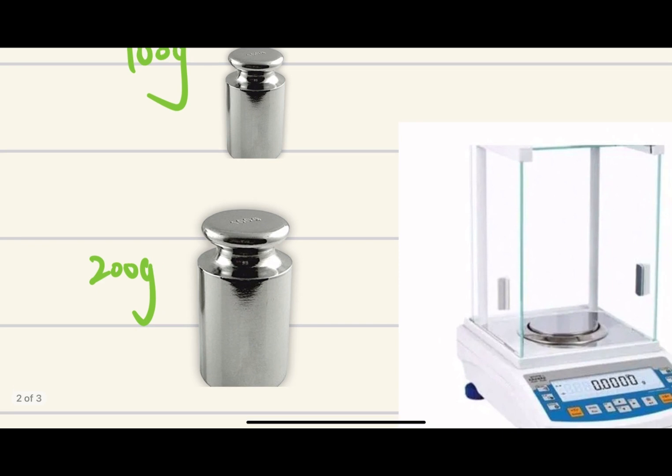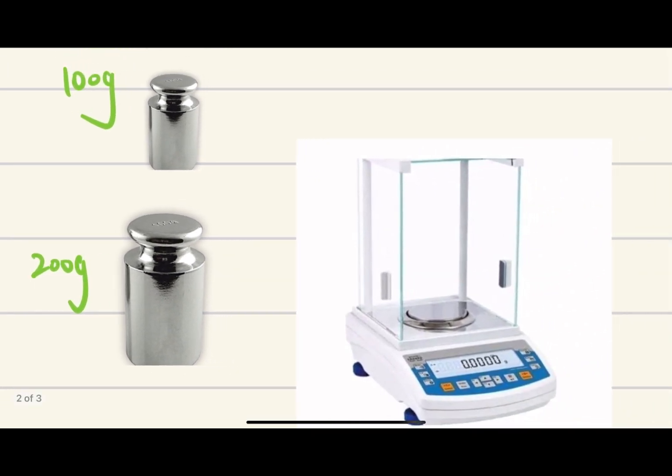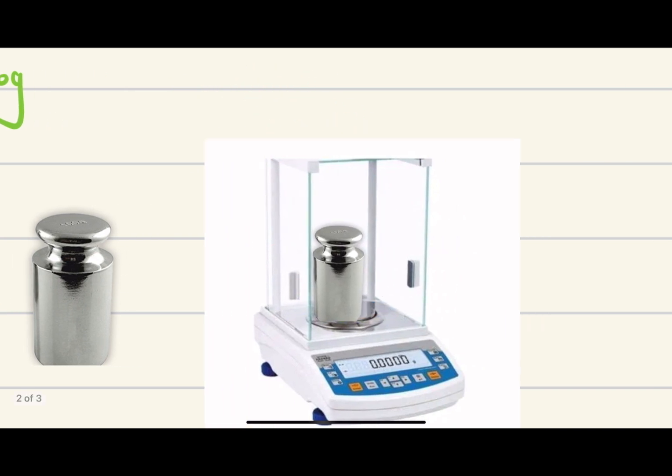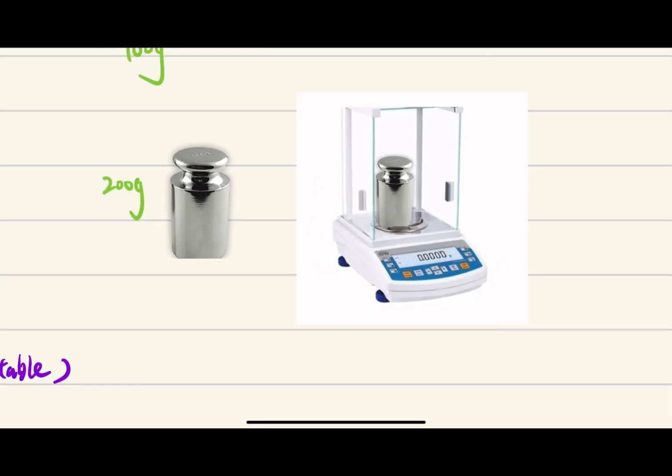So when I put this weight on my weighing scale, I see what my reading is. Now, surprise, surprise, it might not be exactly 100.00 gram here. Your reading might be 100.01 or 100.02.